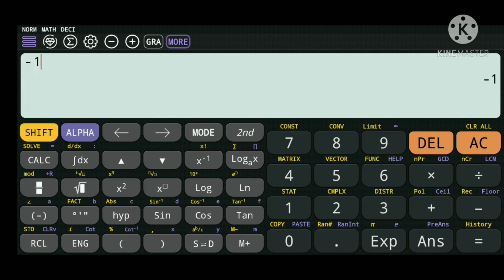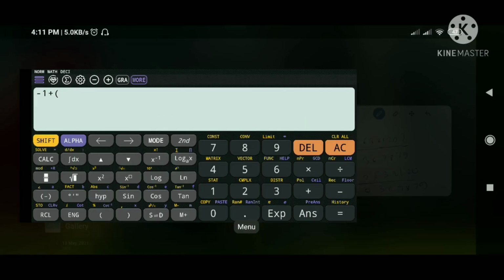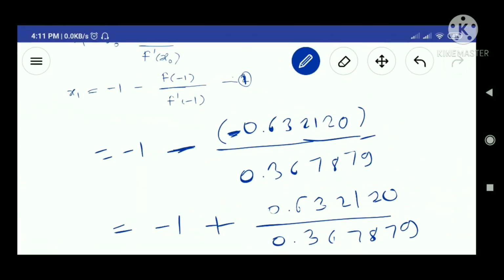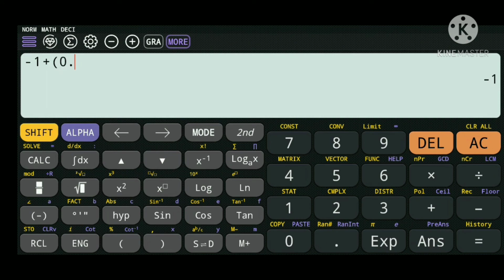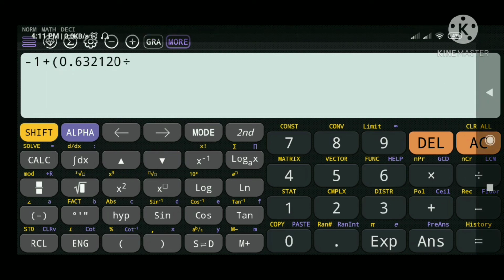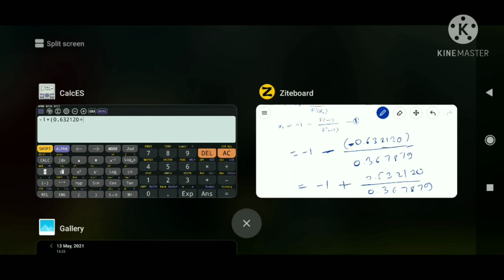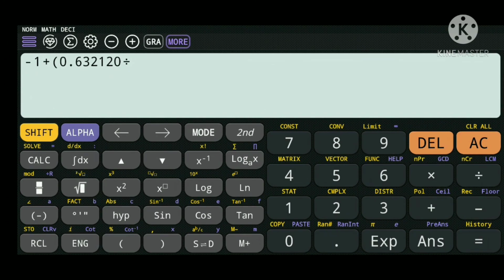Minus 1 plus, in bracket, what is the numerator? 0.632120 divided by 0.367879, bracket complete.